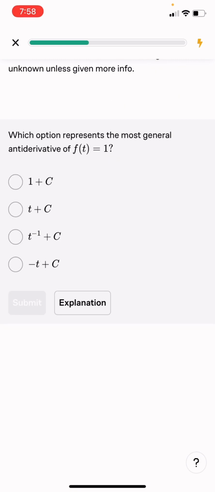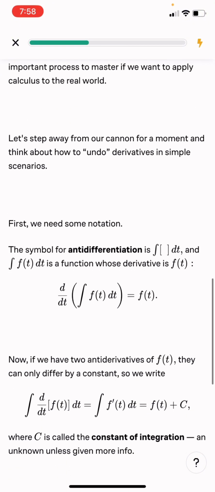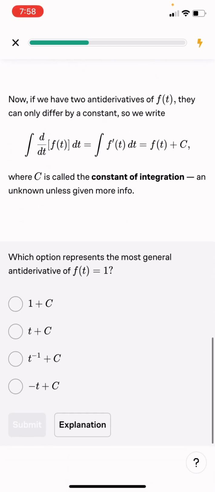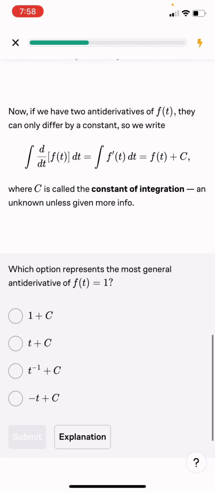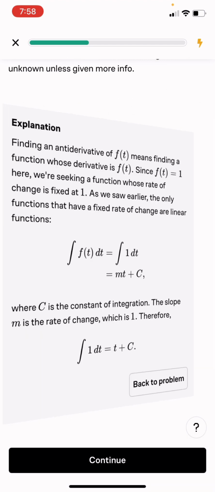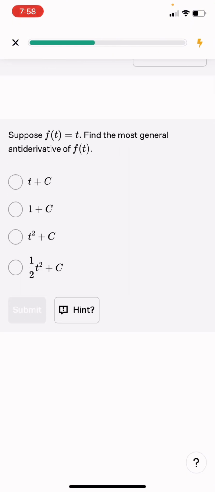Which option represents the most general antiderivative of the function f(t) equals 1? So what would this be? F(t) plus C. Okay.